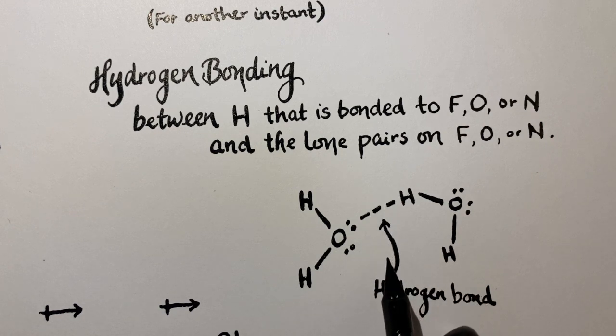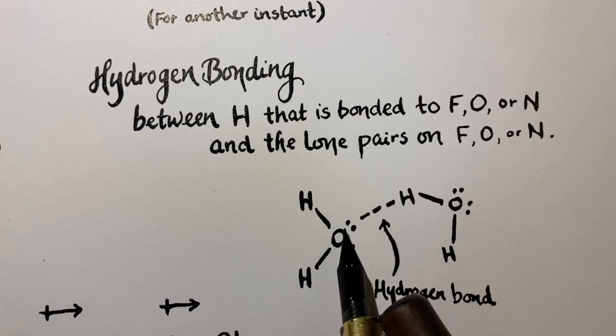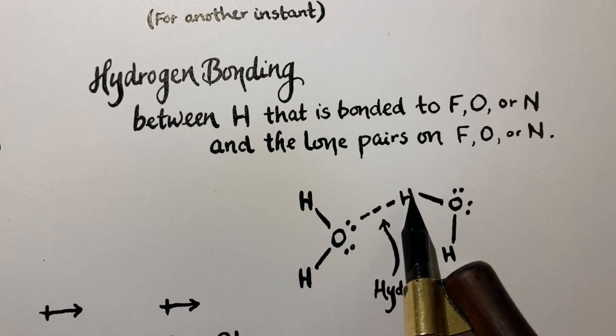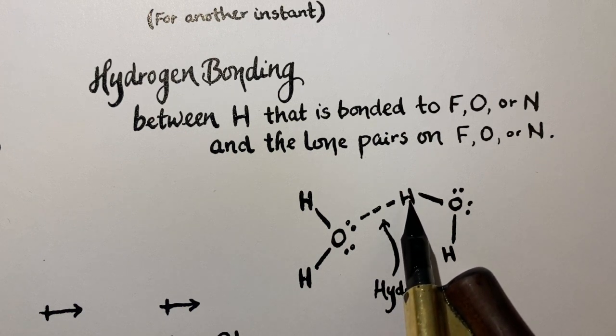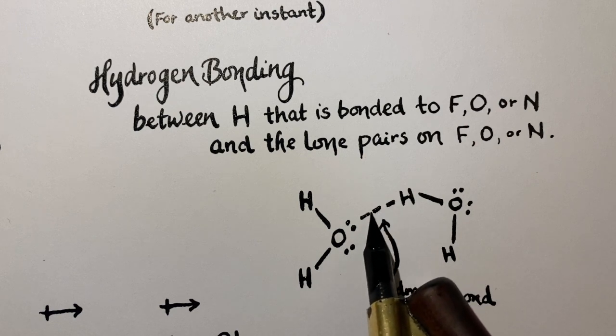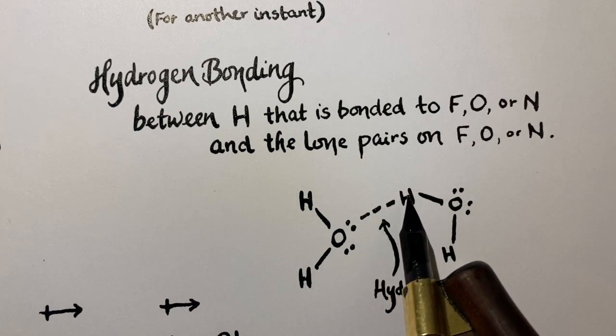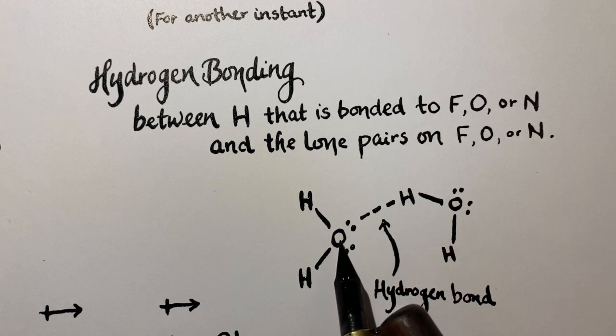Okay. But again, it does have to do with this strong partial negative charge here, and partial positive here. But it is different than dipole-dipole because it is a specific interaction between one of these hydrogens and the lone pair of the oxygen.